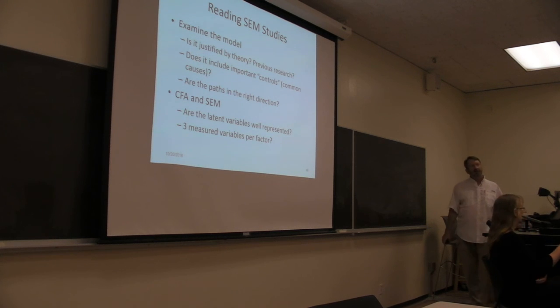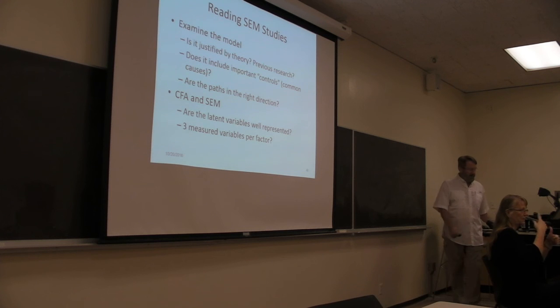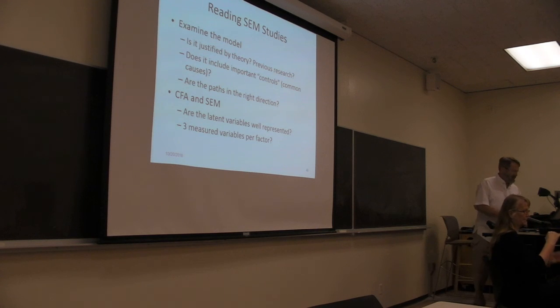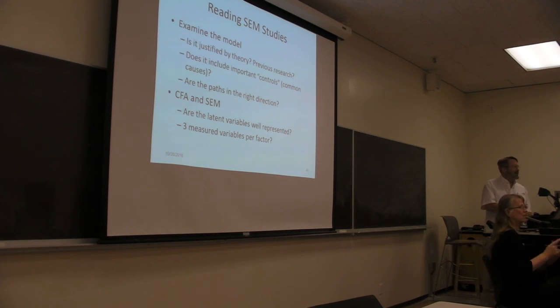Okay, so I said that I would give you some rules of thumb for reading SEM studies, because many of you are going to be doing that rather than conducting them. So the first thing to do, especially if you read this study and you say, boy, I really don't like those results, I don't believe those results, I think they're wrong. How do you figure out if they are wrong?